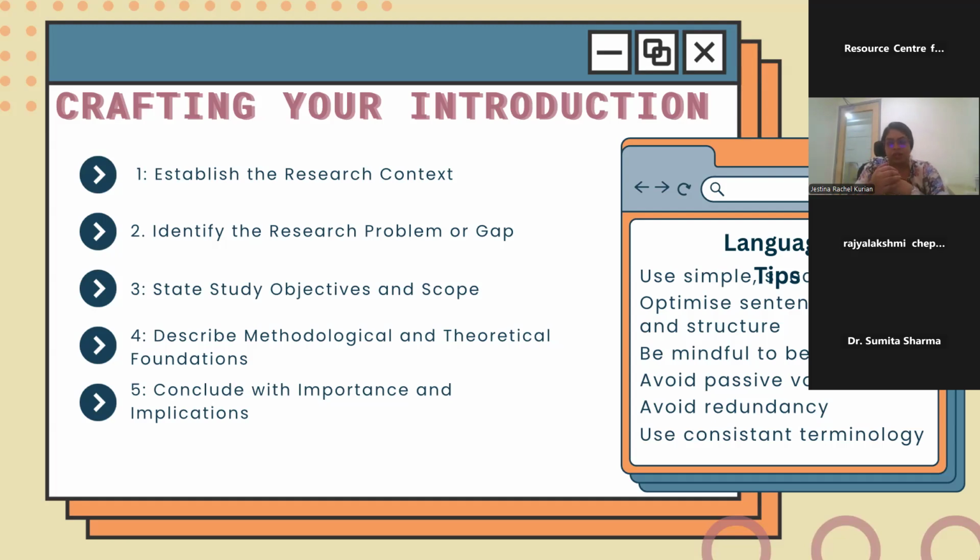Then another important thing is in your introduction, it's a lot of essay writing, right? So a lot of it is not as objective as your findings or your discussion might be. So be very careful to use appropriate words to describe people.